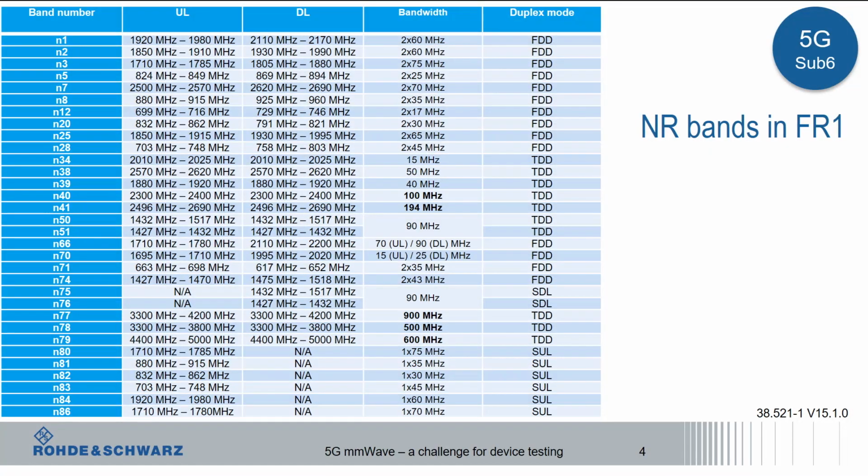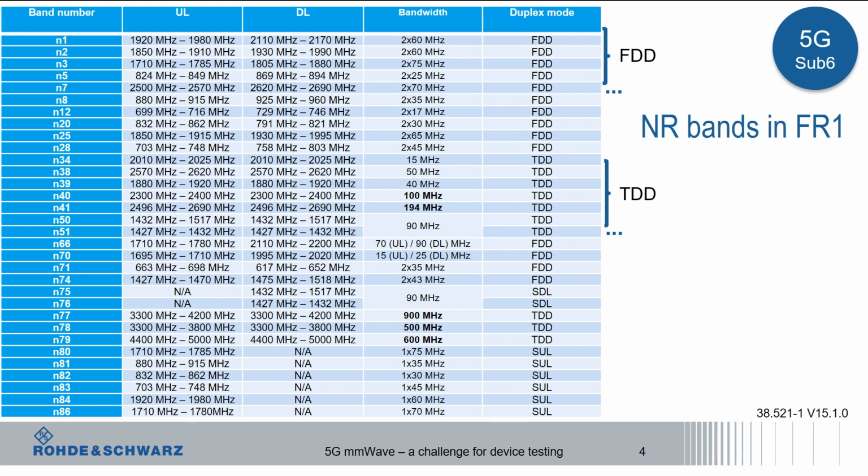If you look into the FR1 specification, there are more than 30 bands specified for sub-6, or maybe I should better say sub-8 now, so basically frequency range 1. You see all these bands listed here. We don't need to go through all of them in detail, but generally speaking, similar to what we had in LTE, we have a lot of bands for FDD and a lot of bands for TDD as well.